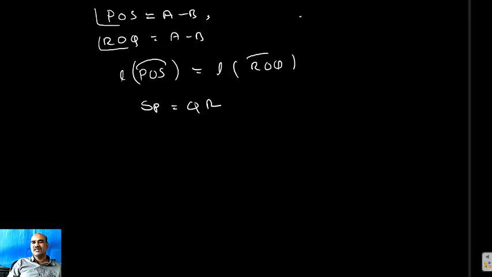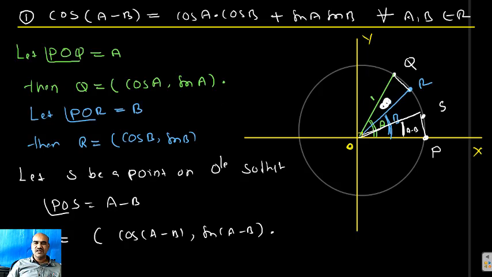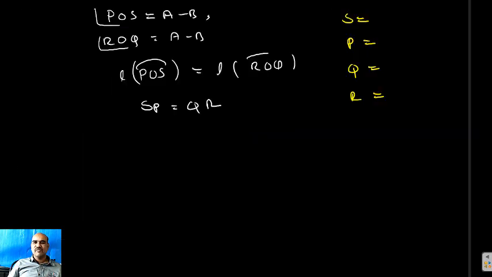What is S? What is S? I will write again here, students. Everything I will write here. What is S? What is P? Again I will write what is S, what is P, what is Q, what is R. I will write all. Observe. S means cos of A minus B comma sin of A minus B. Where is P?